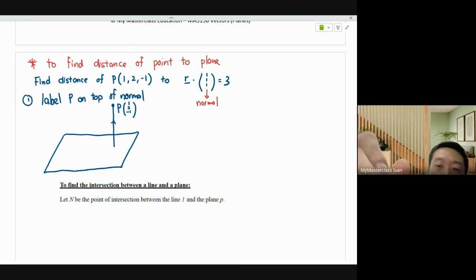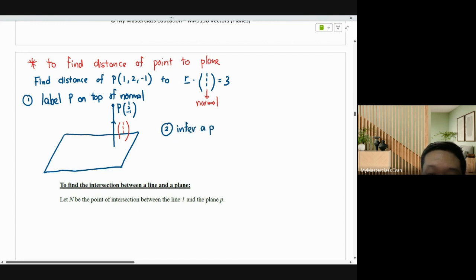Okay, so remember the normal. This is the normal here, right? Which is right down here, 1, 1, 1. Okay. Number 2, infer a point on the plane.